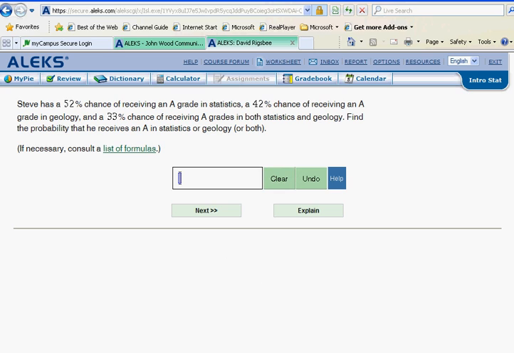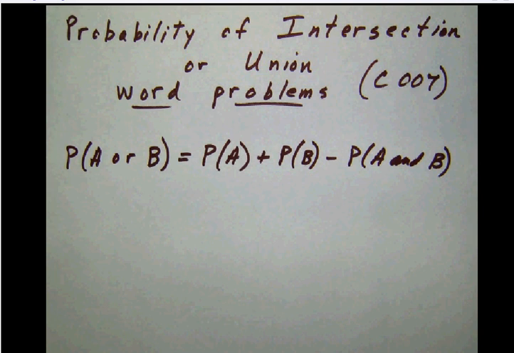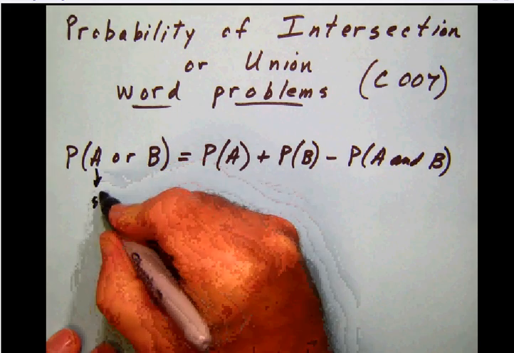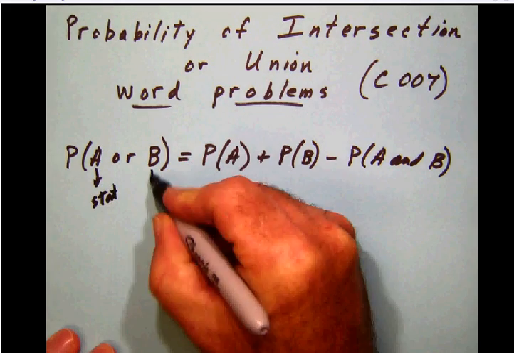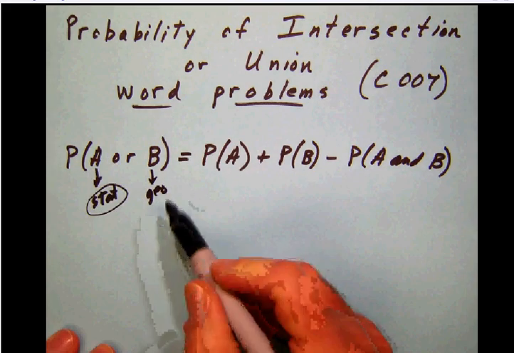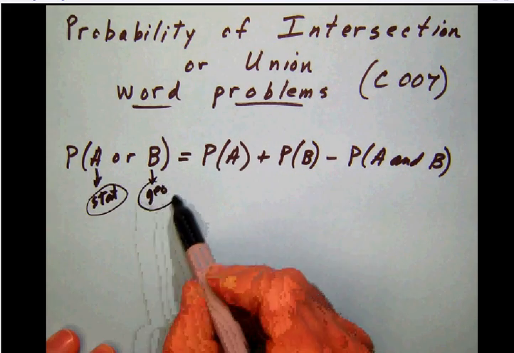So let's go back over here and interpret this a little bit more. So back to our notes. And we will see here that in this case, they want the chance of getting an A in both statistics and geology. And so, A represents statistics, B represents geology.